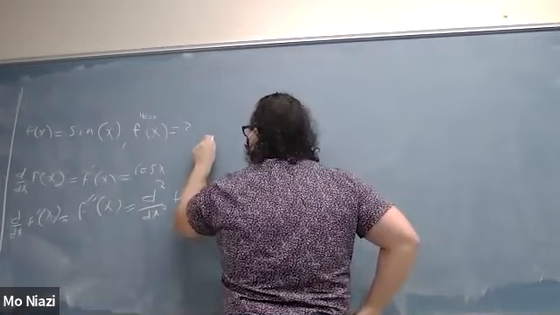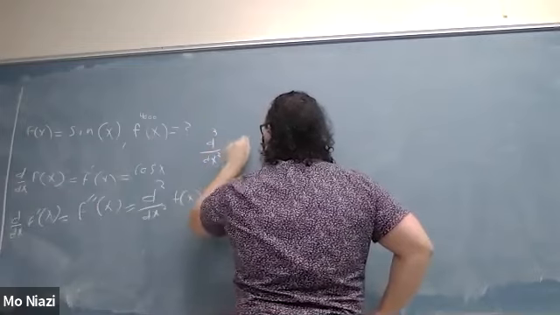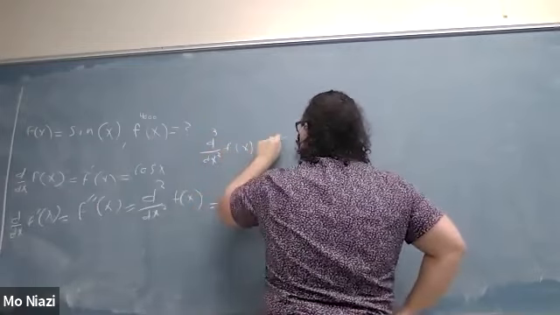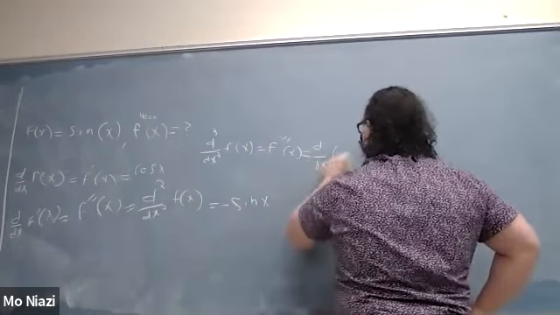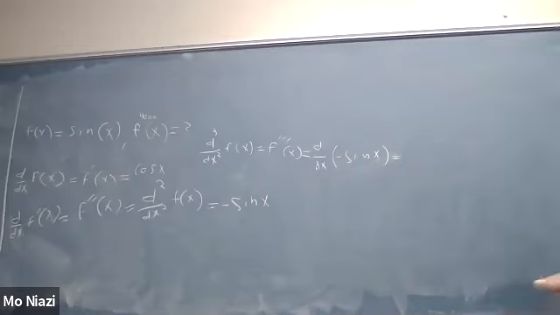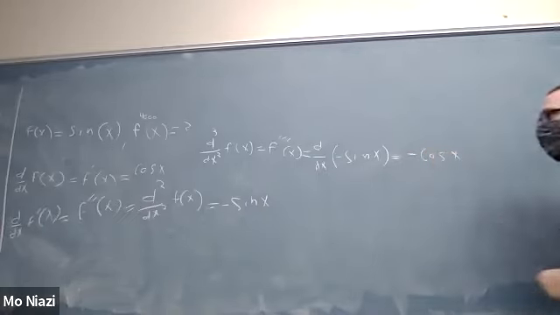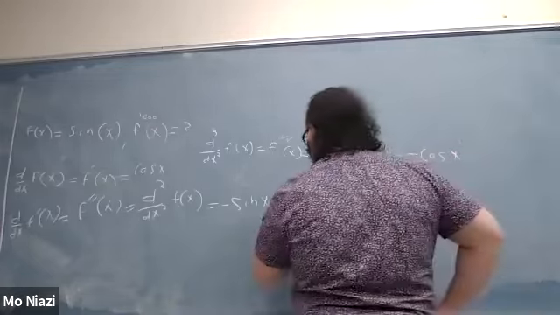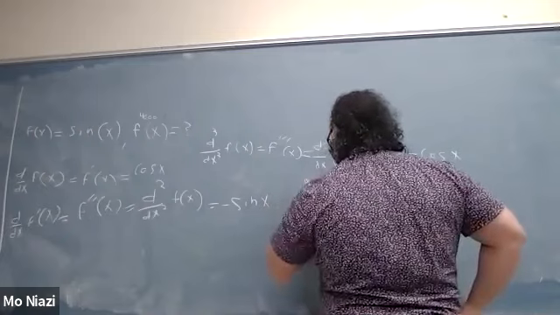Let's continue. What is d cubed dx cubed of f of x? This is f triple prime of x, but that's simply d dx of negative sine of x. The derivative of sine is cosine, so then you just put a negative on it. Then, what is d to the 4th dx to the 4th of f of x?